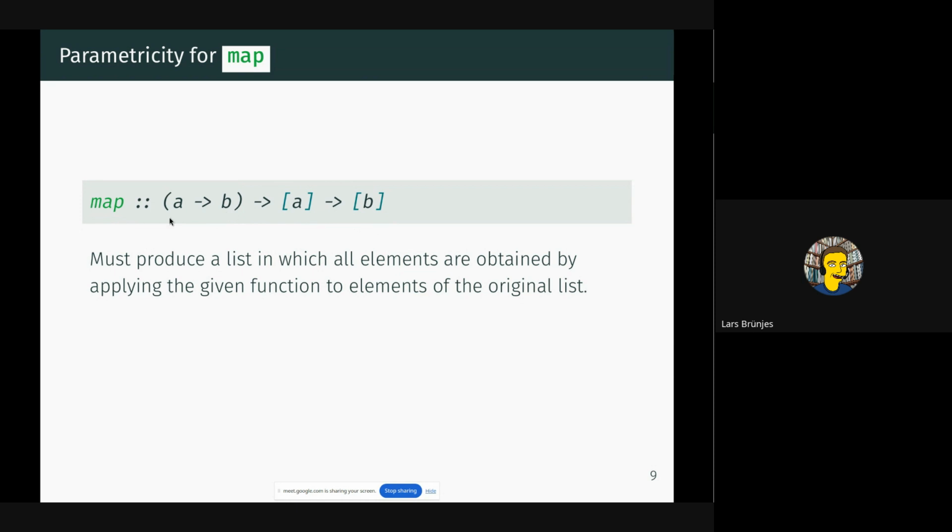Even without knowing anything about the implementation, you know all the B's in the result will have been produced by applying the given function to one of the list elements in the original list. That doesn't mean there's only one way to implement map.